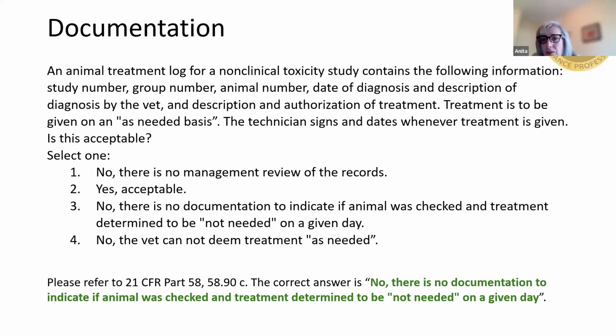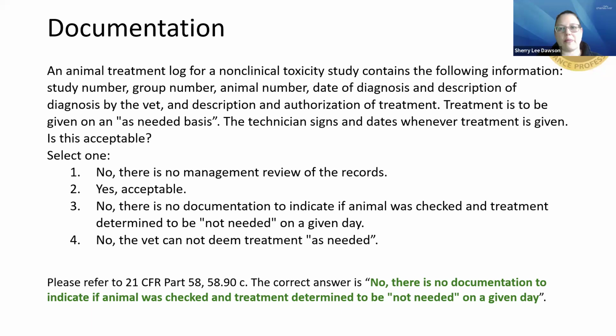So someone wrote, sometimes we see activity to be done if possible. Do we need something to be clear if it's possible? I would say yes. If you're supposed to collect 5 mLs of blood and you only collect 1, you would be documenting that only 1 could be obtained.